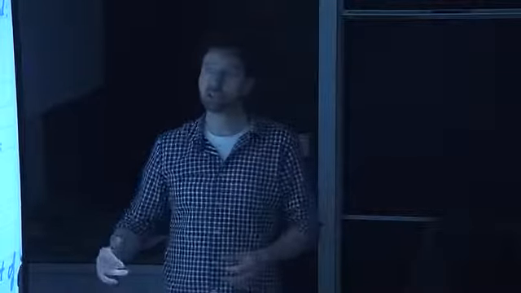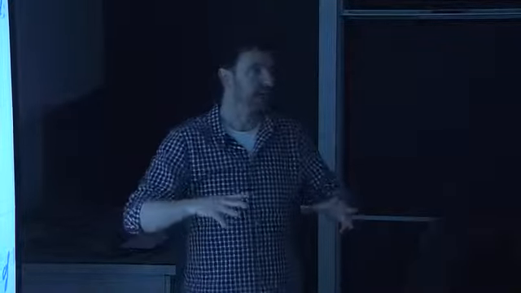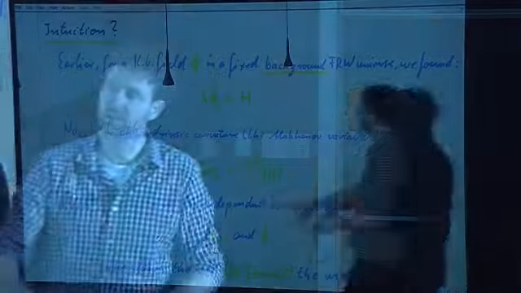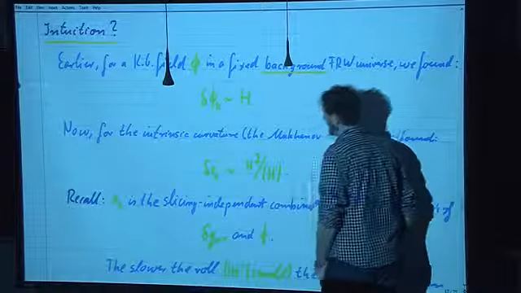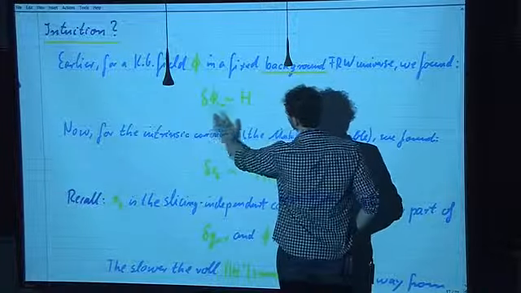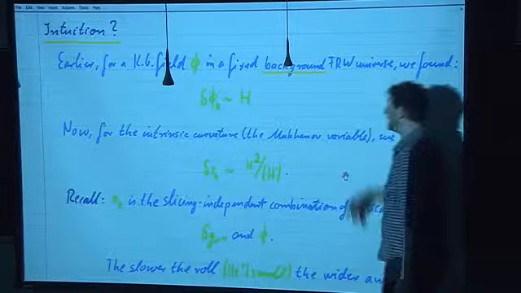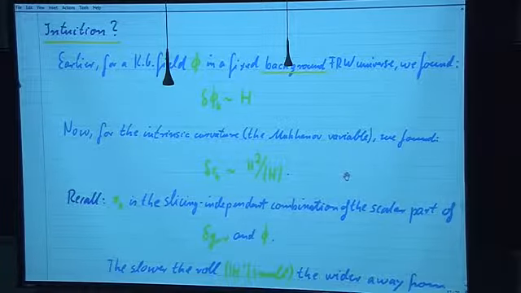Okay, so remember that previously in this course, we had found a very different result. Namely, if we just took a scalar field that comes along for a ride on a space-time, not interacting with it, with space-time just doing its own thing, expanding some way, let's say de Sitter, then we calculated what the size of the fluctuations were, and we found that the size of the fluctuations was just proportional to H, not to H squared over H prime.